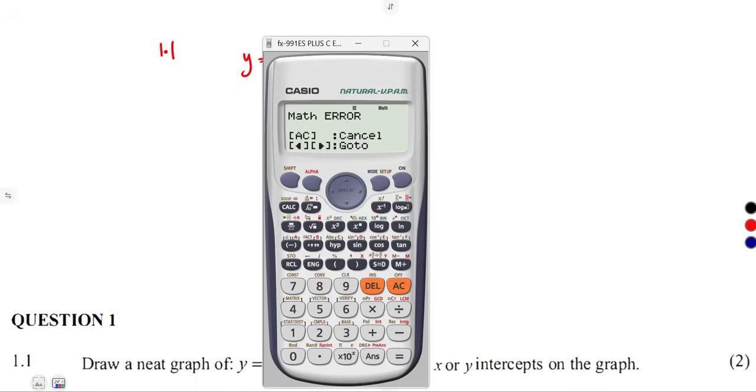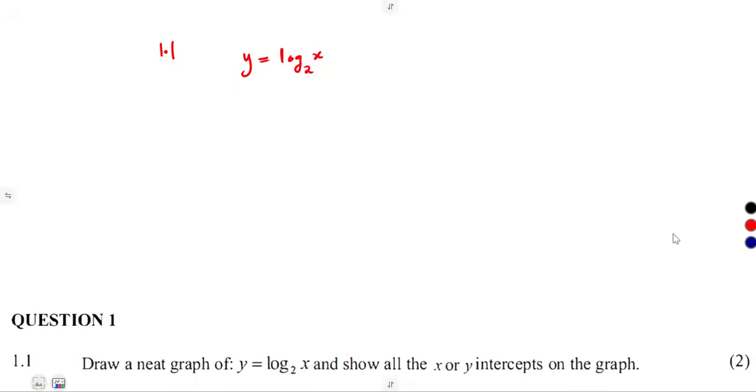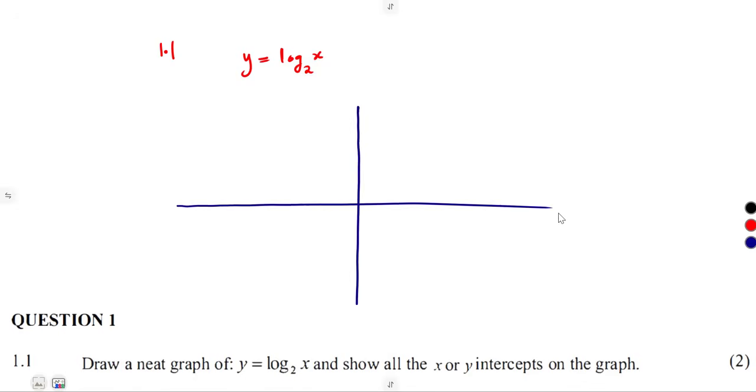So with that understanding of a logarithmic function, we understand that for the x values, we cannot have anything from 0 going to the negative. There is nothing here.